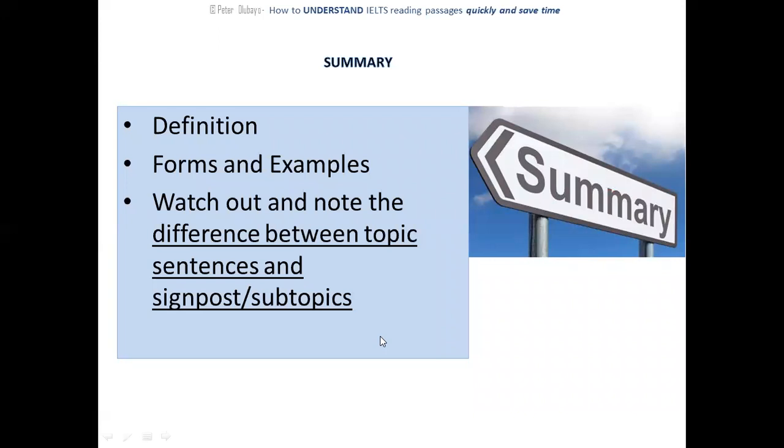So in summary, I've defined the topic sentence, the main idea in a paragraph. Remember again, in English language, a paragraph represents an idea. A passage in English language is a collection of ideas which contribute to the main thesis. Whatsoever the person wants to talk about is the main thesis.